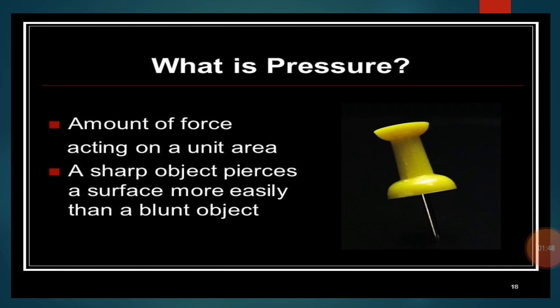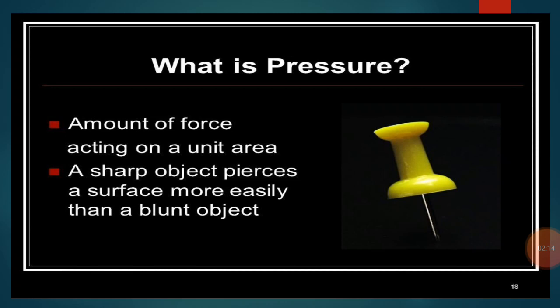For example, if we push hard on a piece of wood with our thumb, the thumb does not go into the wood. But if we push a drawing pin into the wood with the same force of the thumb, the drawing pin goes into the wood.